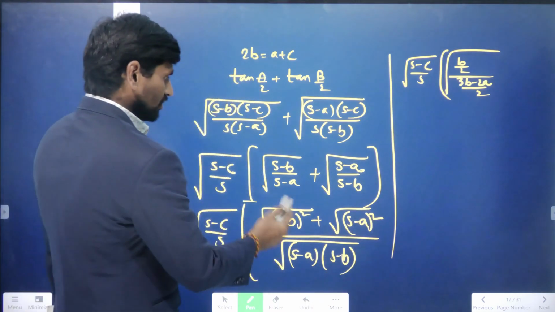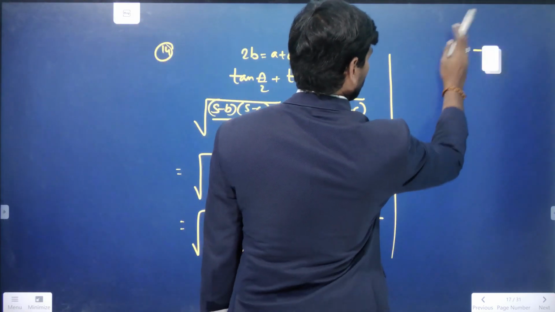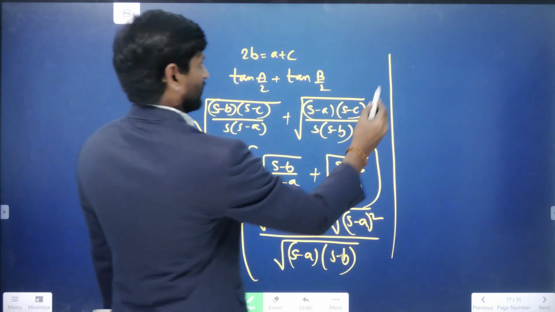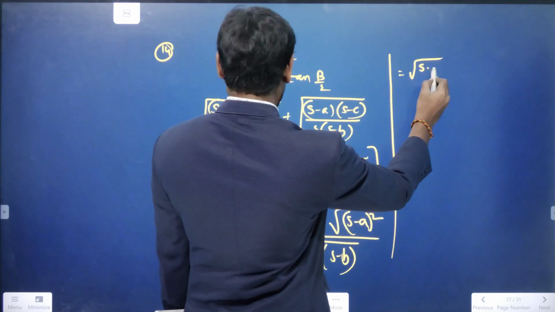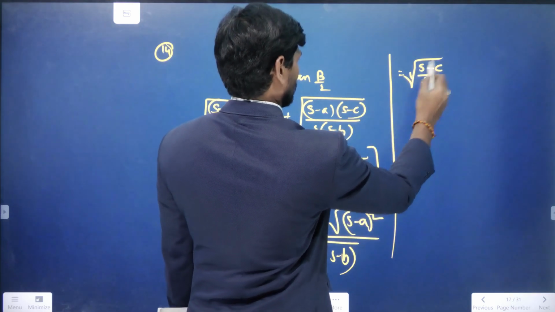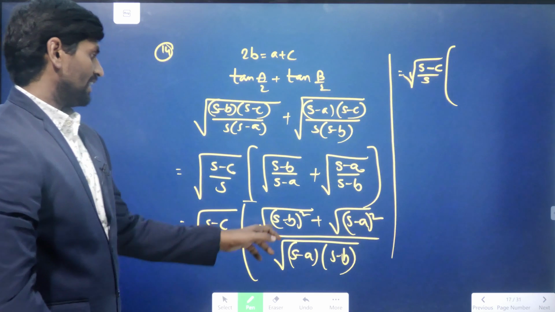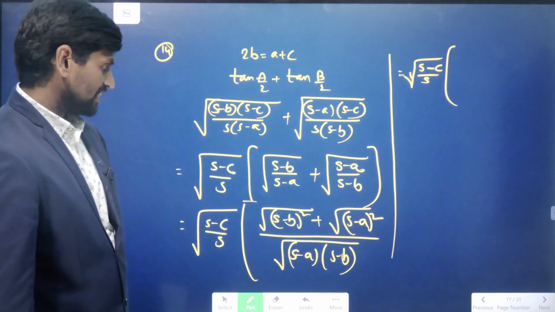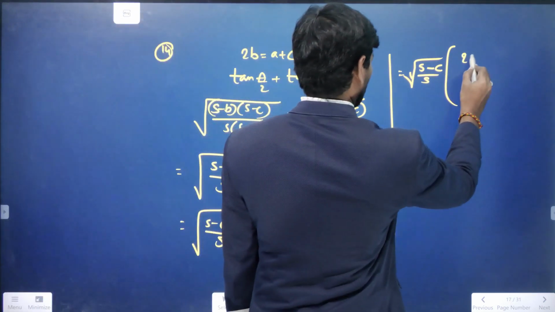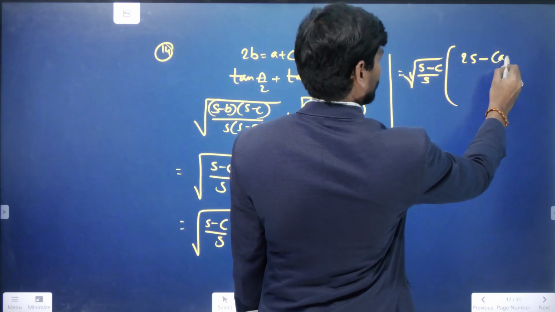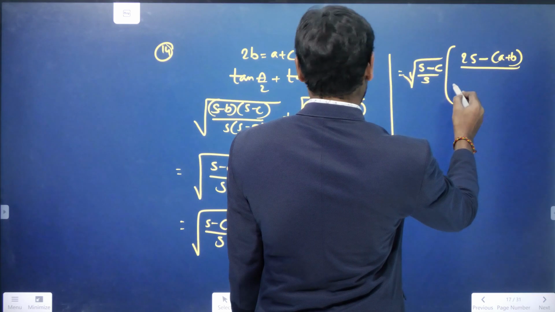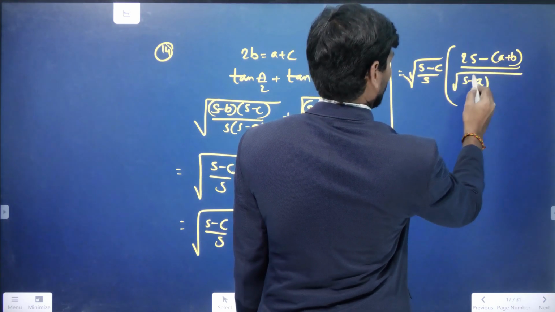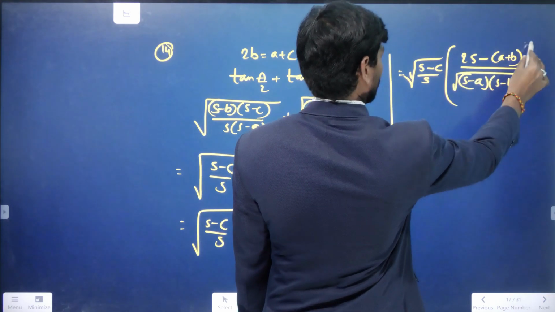Now here the square root cancels. And what is remaining? Root over (s minus c)/s into (s minus a) plus (s minus b), which is nothing but 2s minus (a plus b), by root over (s minus a) into (s minus b).